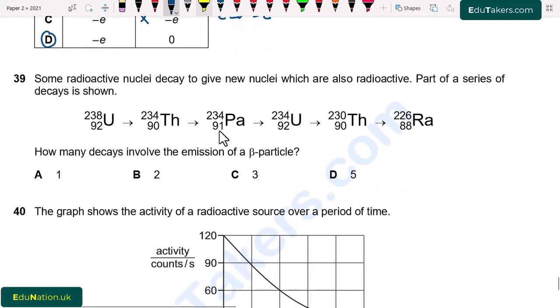Question number 39. Some radioactive nuclei decay to give new nuclei which are also radioactive. Part of the series of decay is shown. Here is uranium, then again Th, Pa, uranium, Th and Ra. How many decays involve the emission of beta particle?